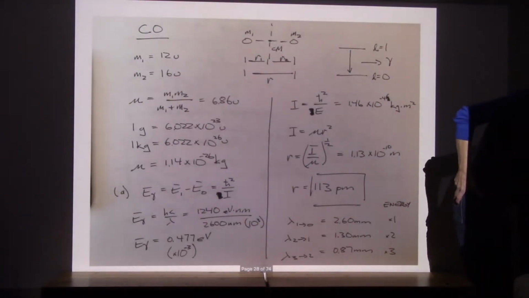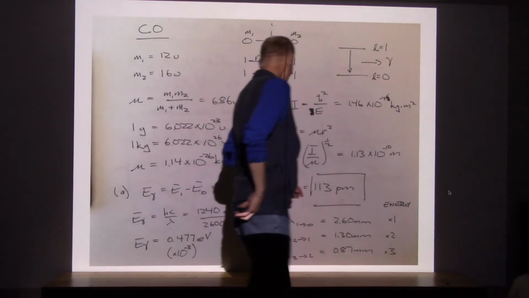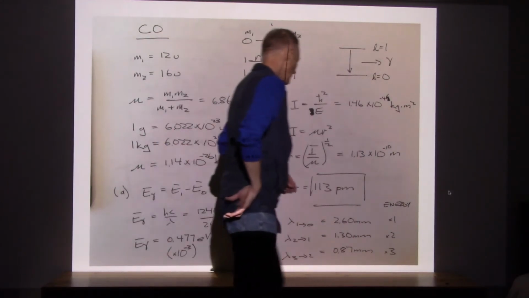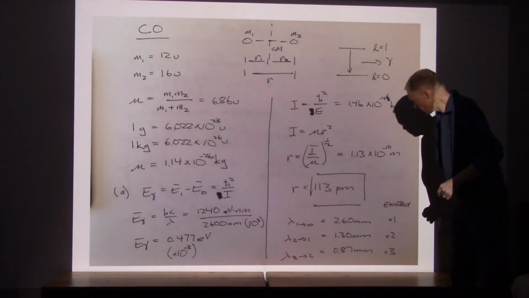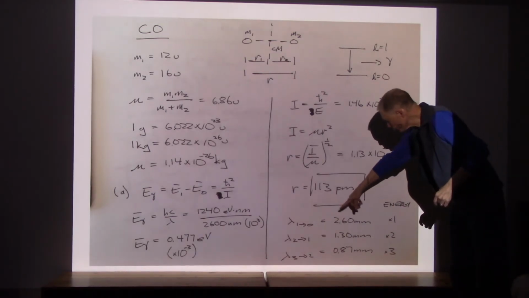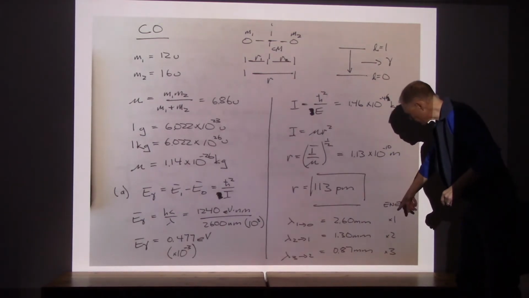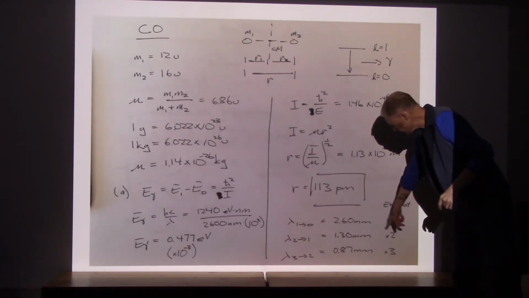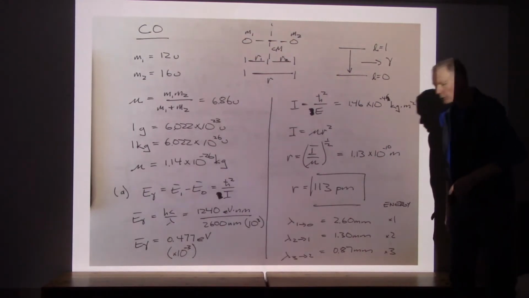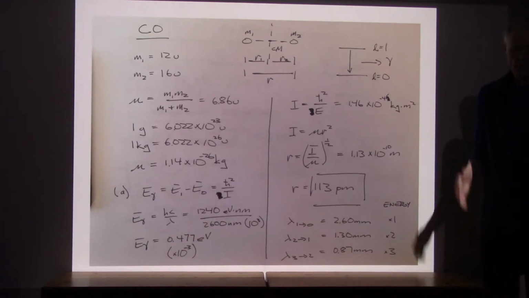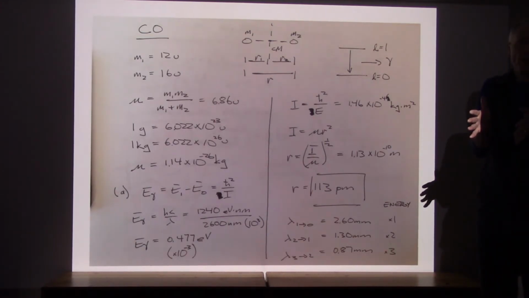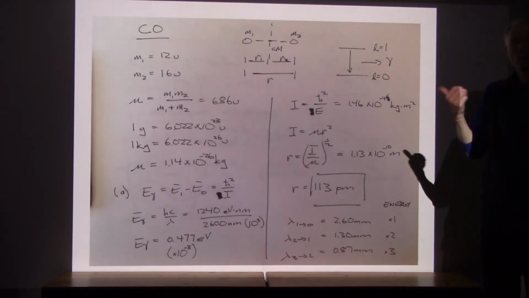So what we can do is come back to here and say this first transition represented a certain amount of energy, the next is going to be twice as much, the next 3 times as much. That means the wavelengths of those photons are going to get shorter by those very same factors. A photon with twice the energy has half the wavelength.